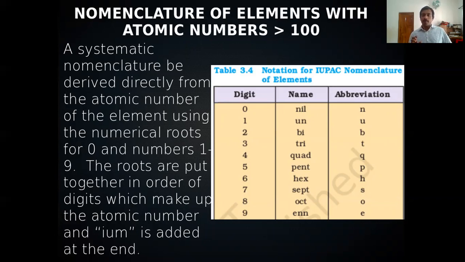Numerical roots for numbers 0 to 9. For 0, the name is nil, N-I-L. 1, un. 2, bi. 3, tri. 4, quad. 5, pent. 6, hex. 7, sept. 8, oct. 9, enn.